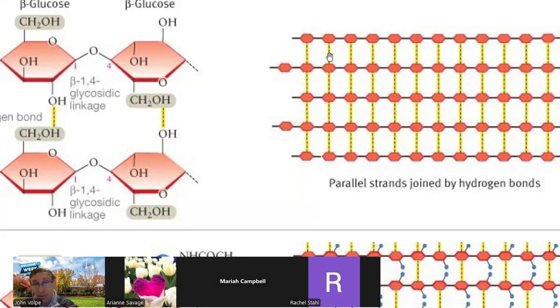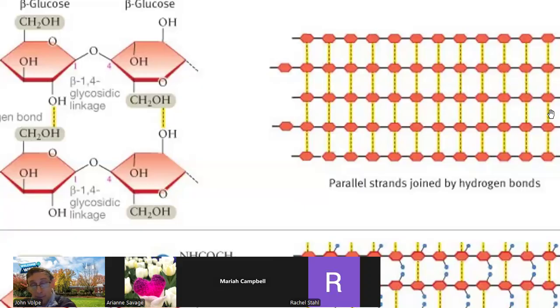So here's a glucose here, hydrogen bonding to this one. This glucose is hydrogen bonding, obviously, to that glucose. It's also hydrogen bonding to this glucose. So these dashed lines are hydrogen bonds. And as you can see, cellulose has a lot of hydrogen bonds between the glucose molecules.